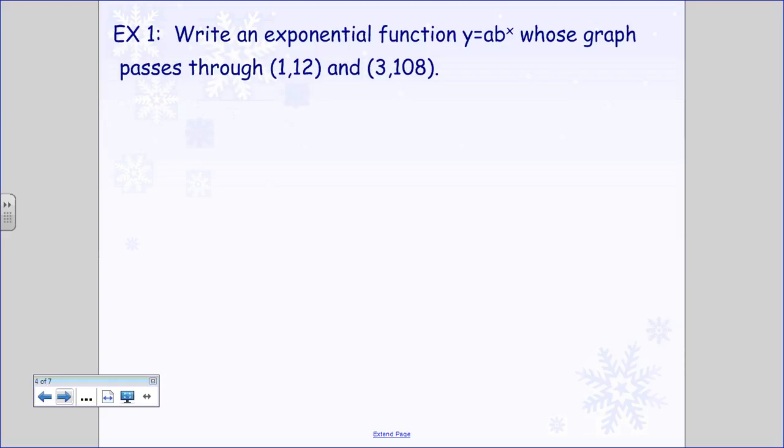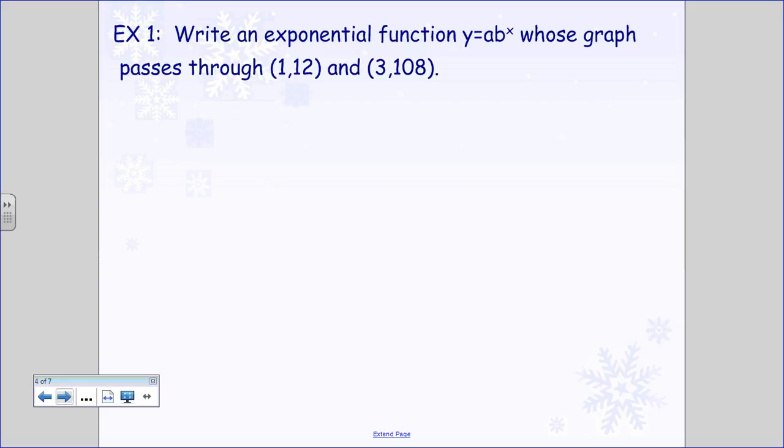So our first one, we're going to write an exponential function in the form y equals ab to the x, whose graph passes through (1, 12) and (3, 108). So just like we've done this in the past, we need to find the a and b value. And so we're going to have a system of equations. Since we have 2 points and we have 2 unknowns, we're going to have 2 equations.